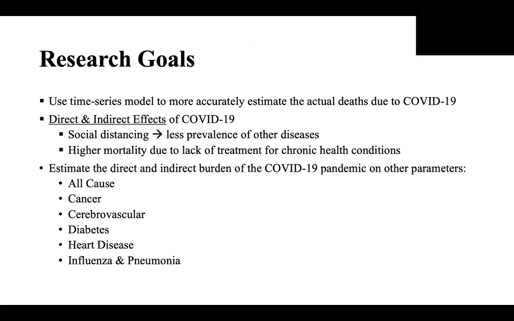People may not go to the doctors as much, and this may cause a higher mortality due to lack of treatment for chronic health conditions such as heart disease and diabetes. The third research goal is to estimate the direct and indirect burden of the COVID-19 pandemic on other parameters, such as cancer, diabetes, heart disease, influenza, etc.